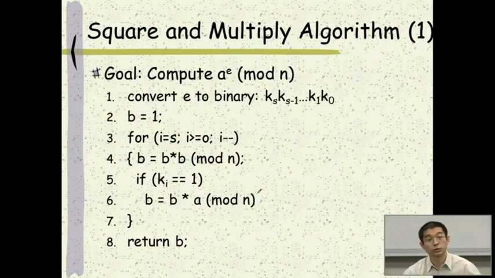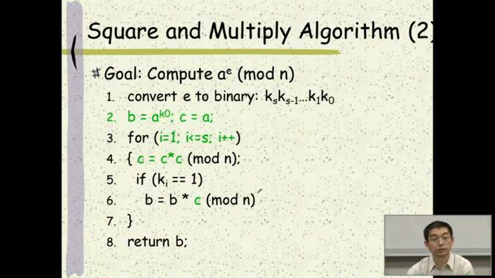So next, we show the other implementation, which is the one called the right to left square and multiplication algorithm. The first step is the same. Convert e to a binary number, s plus 1 bit. And the difference between the previous one is highlighted in green.